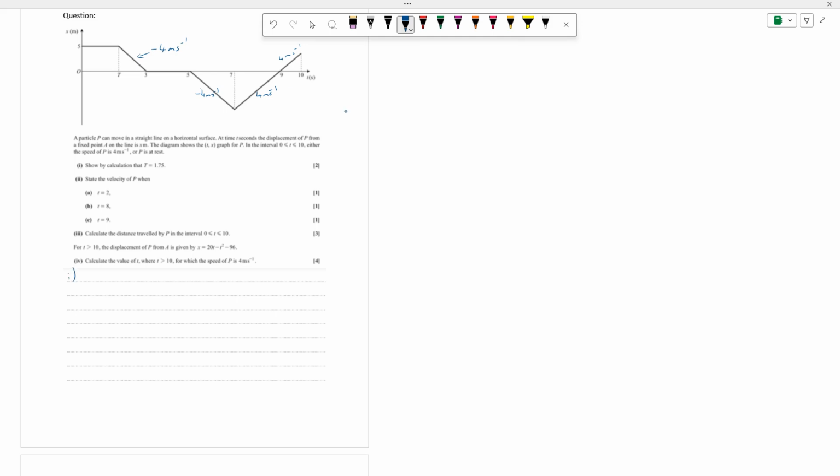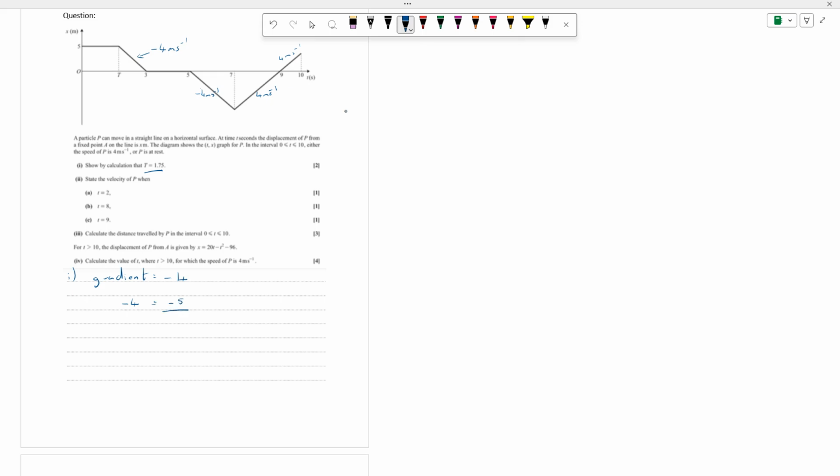So for part 1, show that t is 1.75. Now I'm going to work with this gradient here. The gradient of that line is -4. So I'm just going to use my change in y over my change in x. My change in y goes from 5 down to 0, so I get -5 on the top.